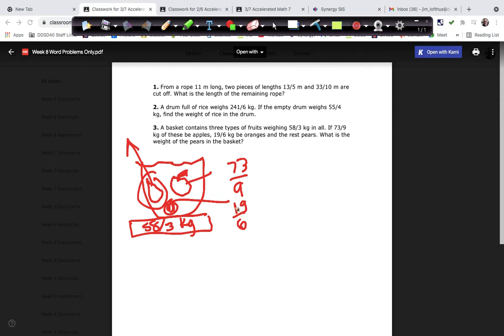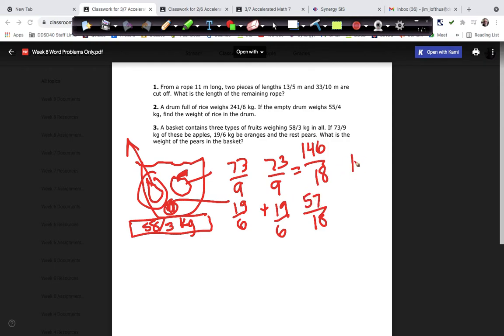So I've got to add those together, and then we'll subtract it from the total. So 73 ninths plus 19 sixths. 18 would be a good common denominator. We'll just double this. Doubling 73, we get 146. Triple this to 18. If we triple 19, we get 57.